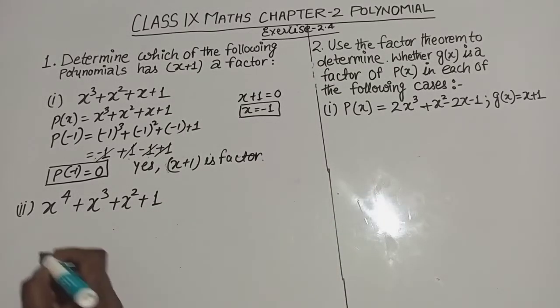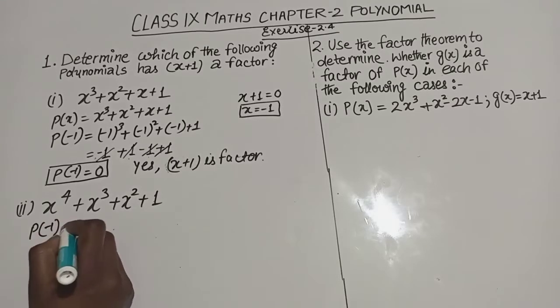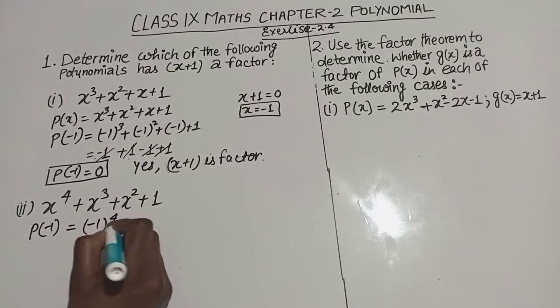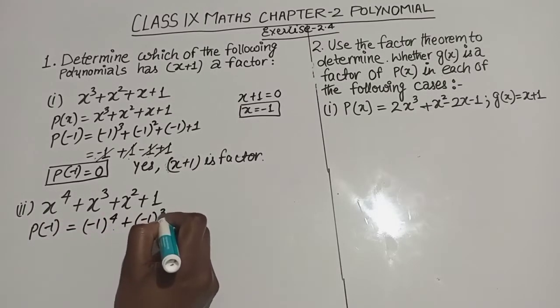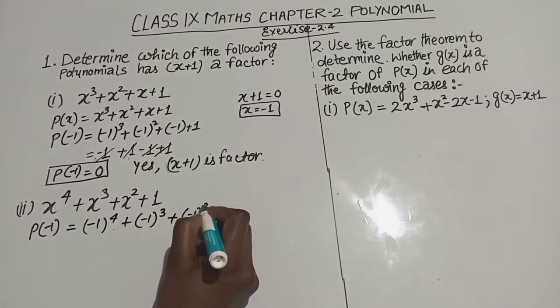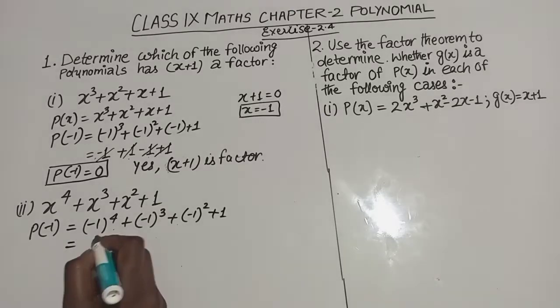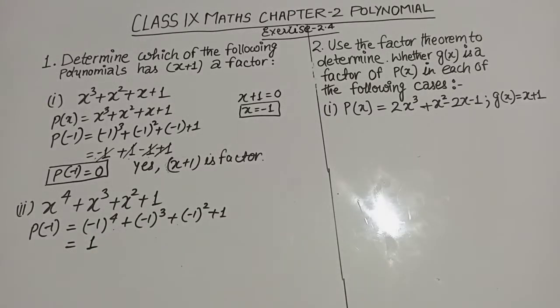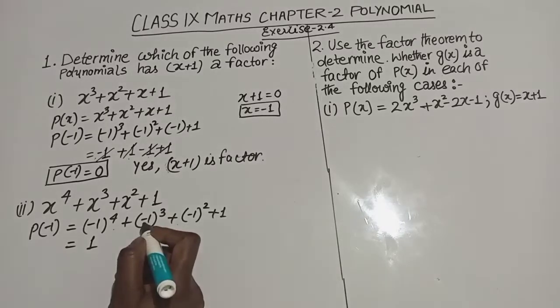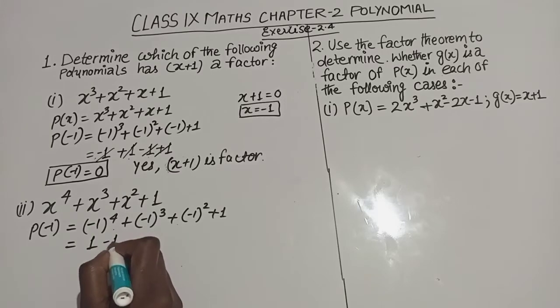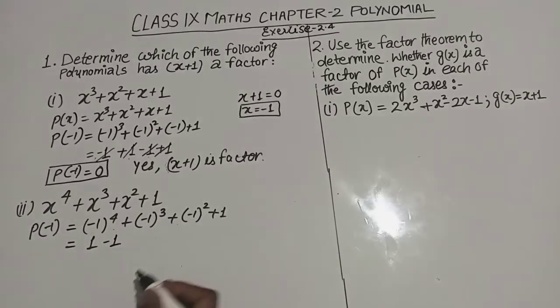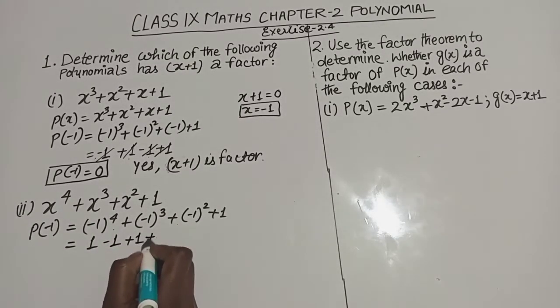Next, same here, you will put minus 1. So it is minus 1 to the power 4 plus minus 1 to the power cube plus minus 1 to the power square plus 1. Minus to an even power becomes plus; minus to an odd power gives a minus sign. So here minus 1 to an odd power is minus 1, and minus 1 squared is again plus 1, and plus 1.